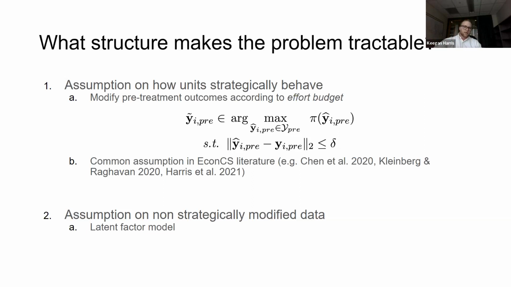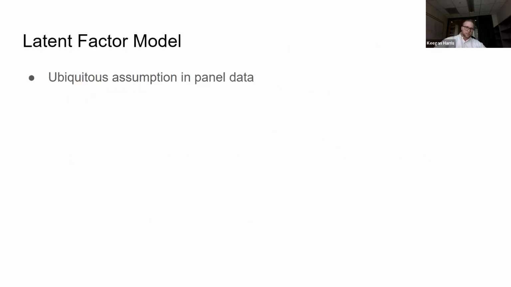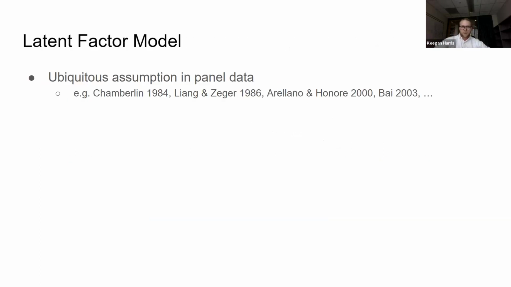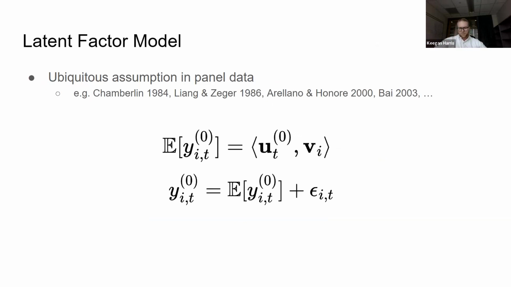And the assumption that we make on non-strategically modified data is a latent factor model assumption. So in particular, this is a ubiquitous assumption in panel data, and traditionally it assumes that the outcome you observe for a particular unit i at time t under control is a noisy snapshot of an inner product between two latent factors, one which depends on the unit only, this is v_i here, and one which depends on the time step and the fact that we're under control, which is u_t^0.